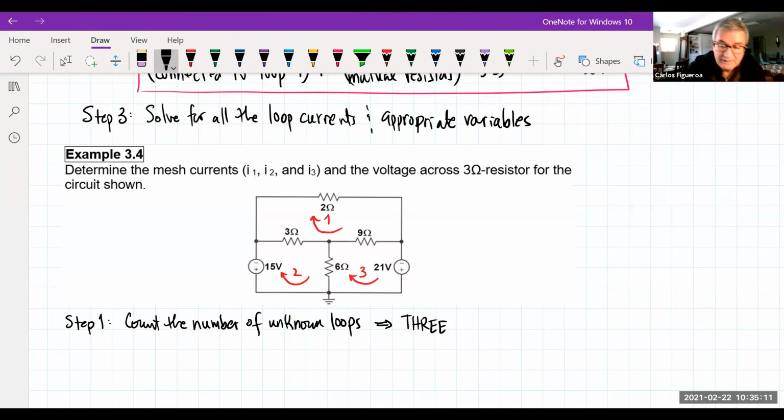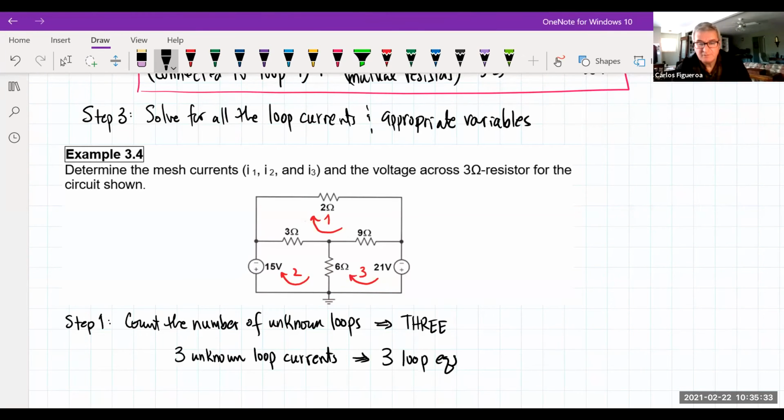So this tells me that I have 3 unknown loop currents. That means I must generate 3 loop equations. And these 3 loop equations are going to involve I1, I2, I3.